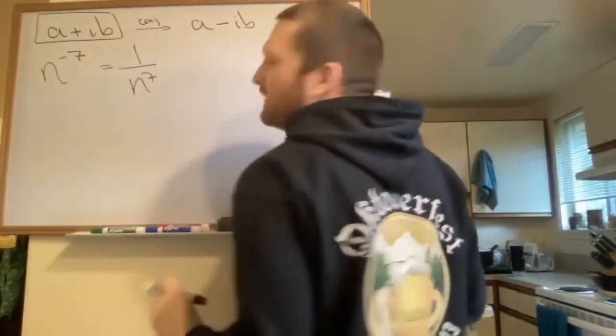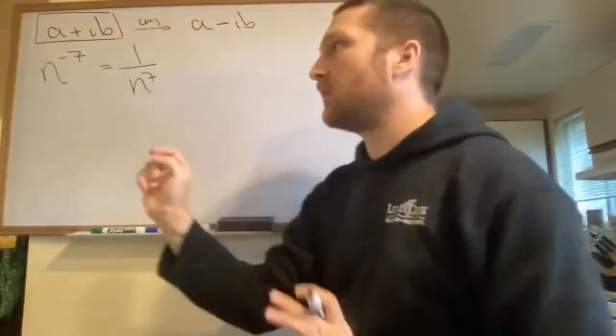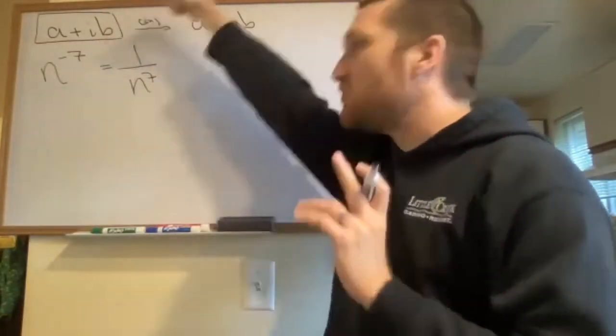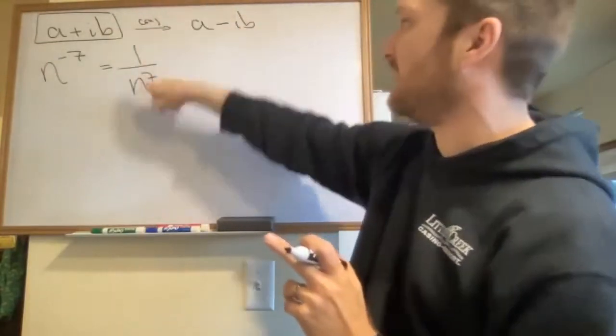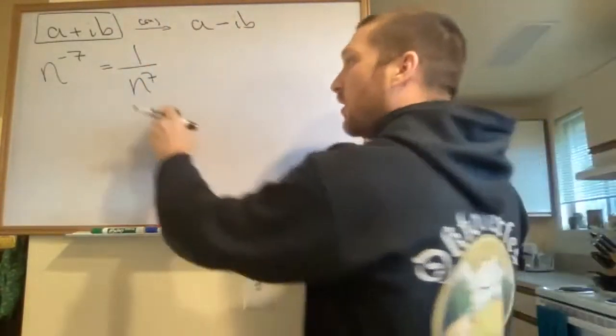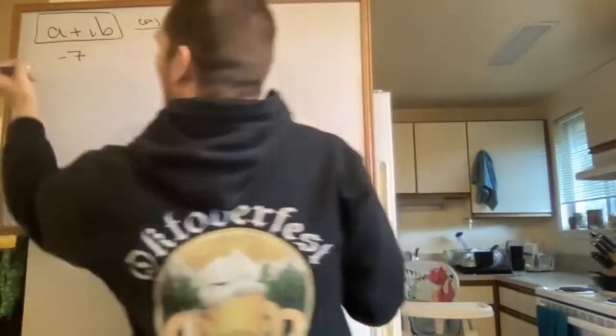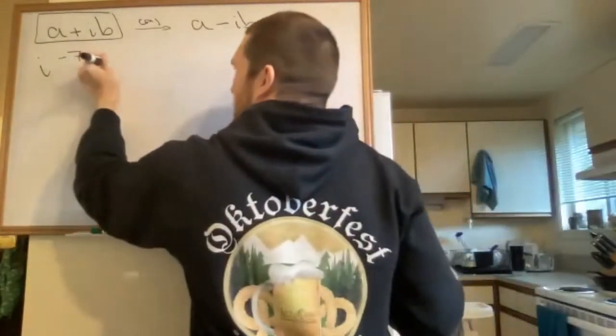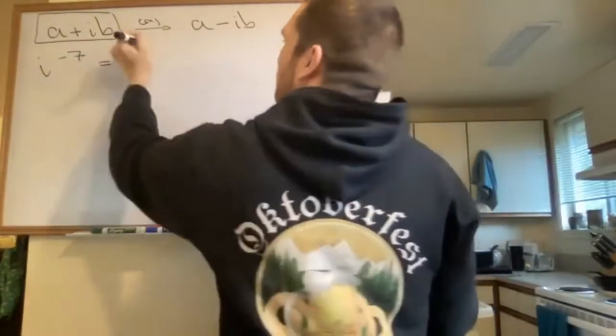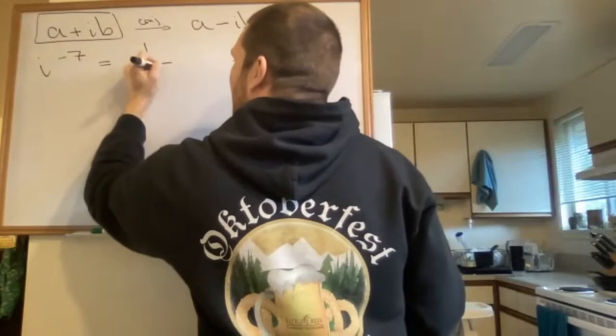There we go, right? Because whenever I see a negative exponent, I know that means take me to the other side of a divide sign and make me positive. So what is i to the negative 7? 1 over i to the 7th.